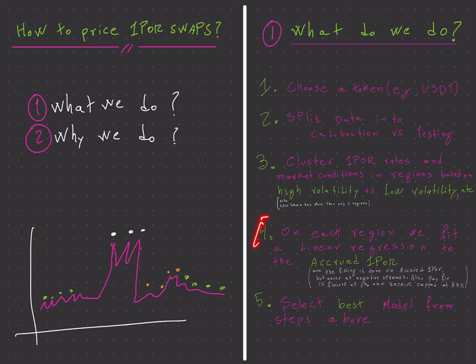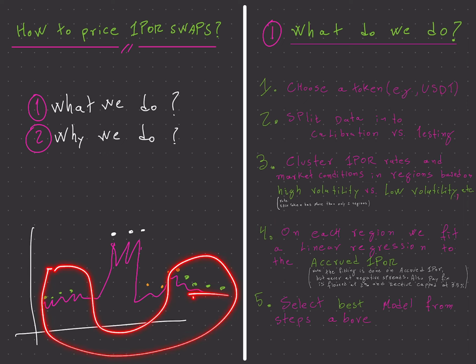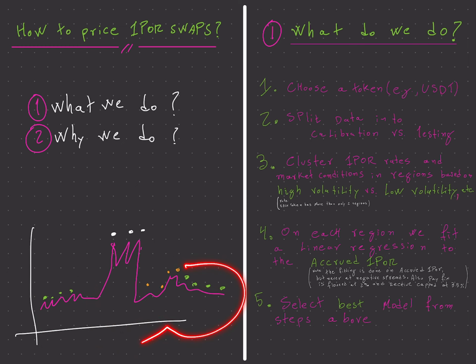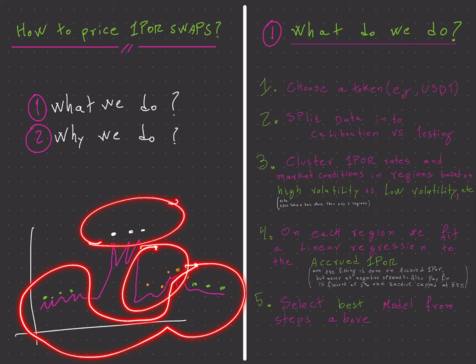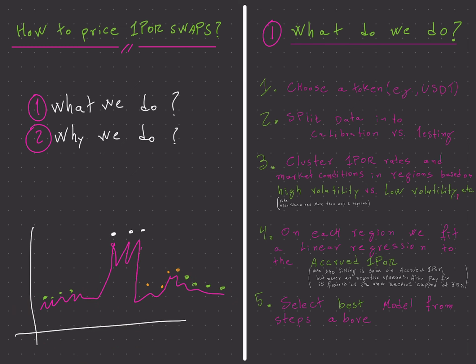The 4th step is fitting a linear regression based on the parameters that we are using for each group. So here there would be a linear regression that we can think of as a model, and on the white part there would be another one, and on the orange data points there would be another one.